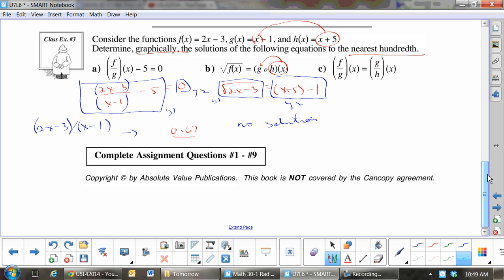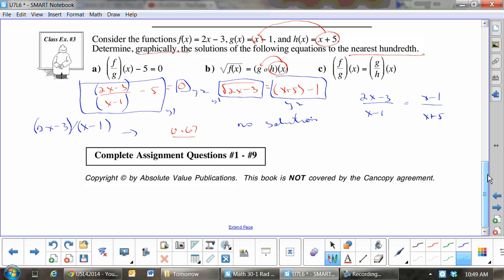Now, C is a good one because we have f over g of x. So that means 2x minus 3 over x minus 1 equals g of x again, which is x minus 1 over h of x, which is x plus 5.